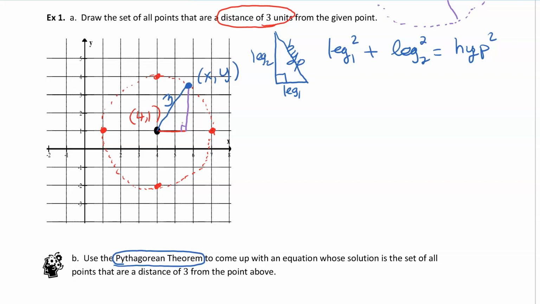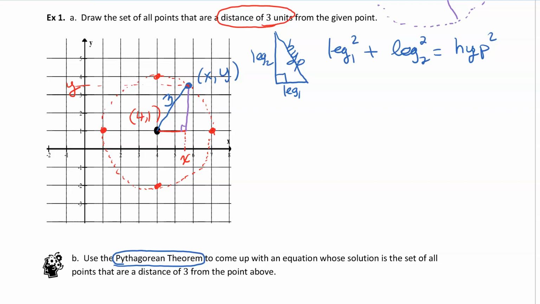Okay? Now let's go find the distance. So for the red leg, this right there is x, because that's how you get to that point (x, y). Go out x units, up y units. Matter of fact, this is y. Right? And that's how you get to the point (x, y).